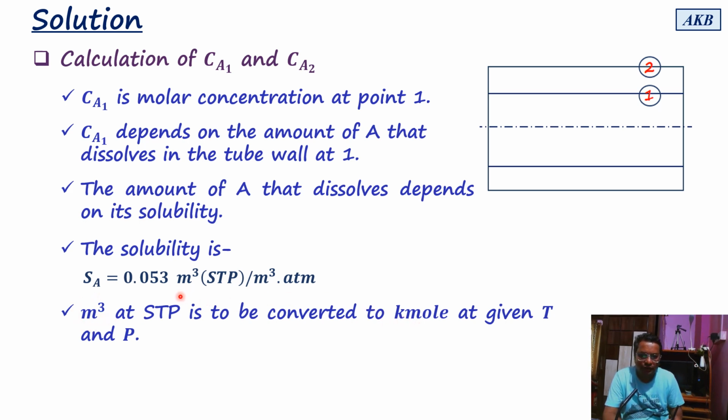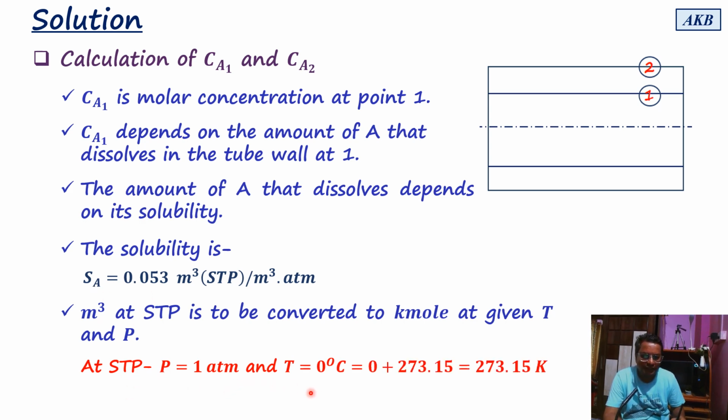We know at HTP pressure is 1 atmosphere and temperature is 0 degrees Celsius, that is 0 plus 273.15, which is 273.15 Kelvin.